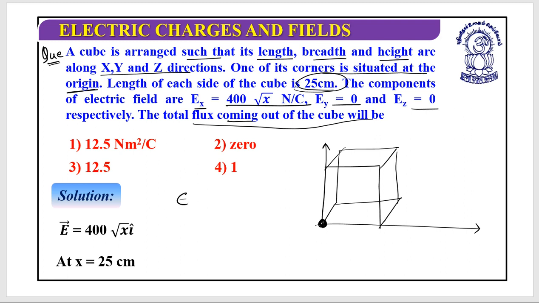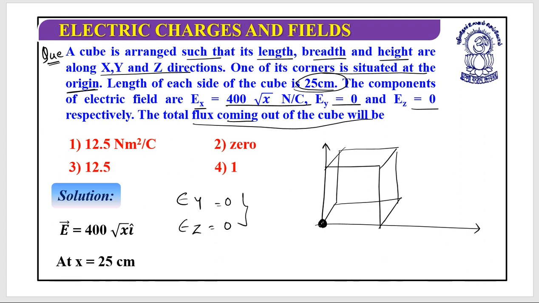As the electric field in y and z are 0, the flux through those faces will always be 0. Even if I make an area vector with them, they will make 90 degrees between the electric field and area vector, so the flux would be 0.